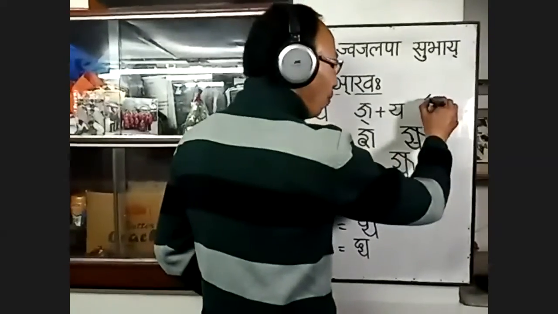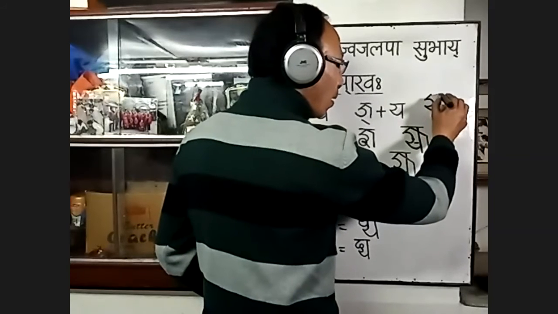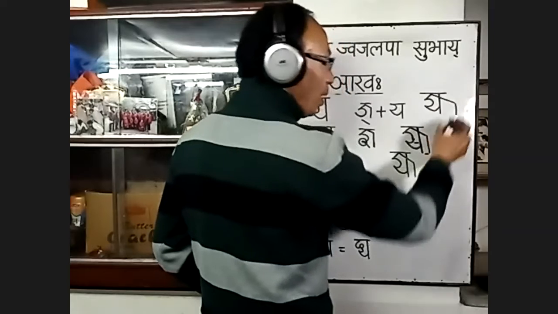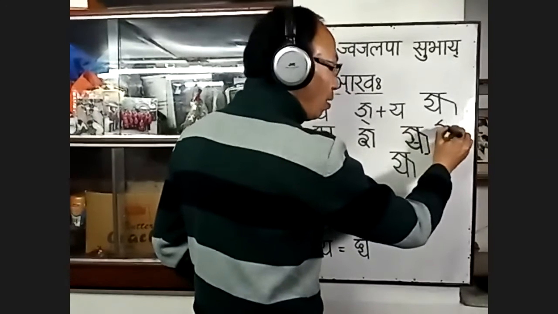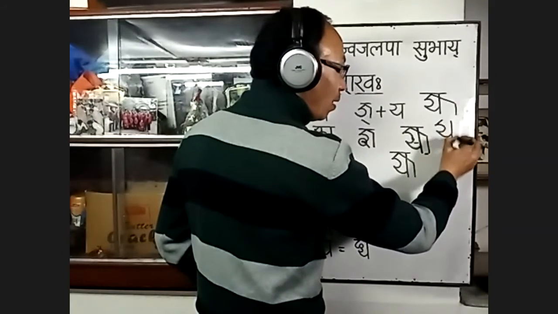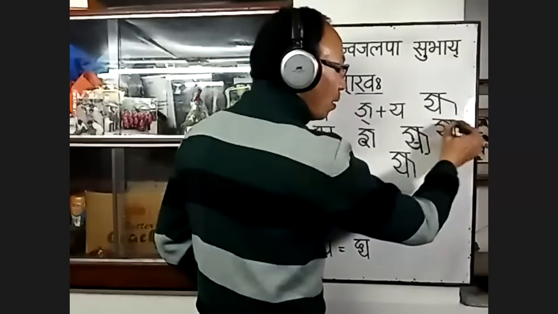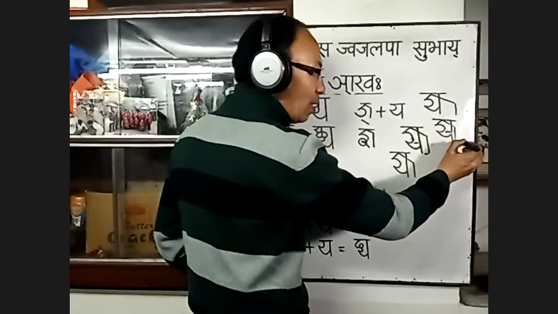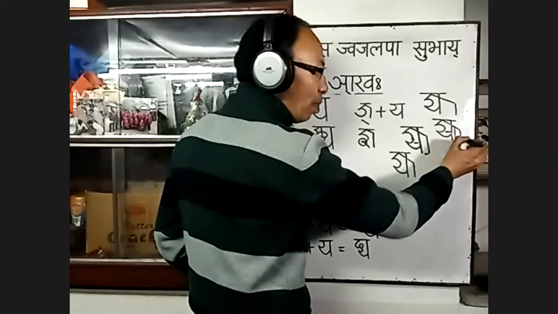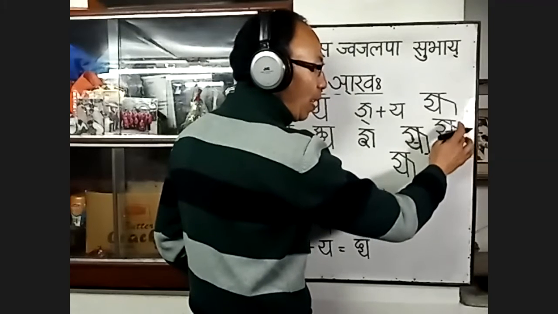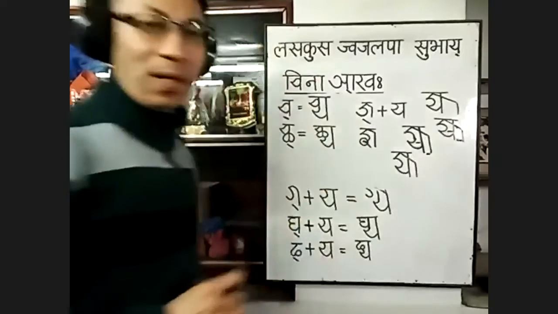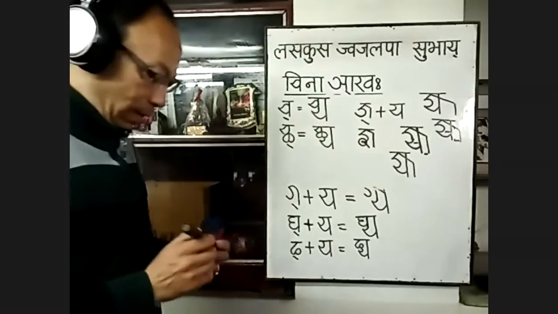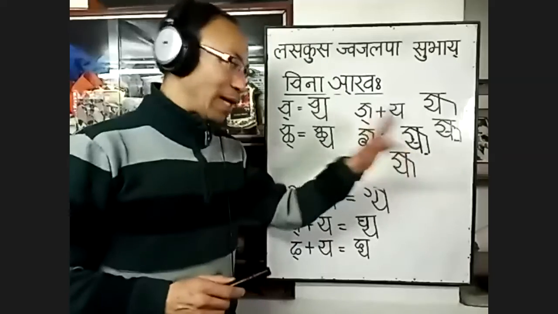You never write like this. This is jaw, and you write like this. This is also jaw, but it doesn't look good. Or neither you write like this. So make sure this space and this space are about the same size. This is how you make the writing beautiful.